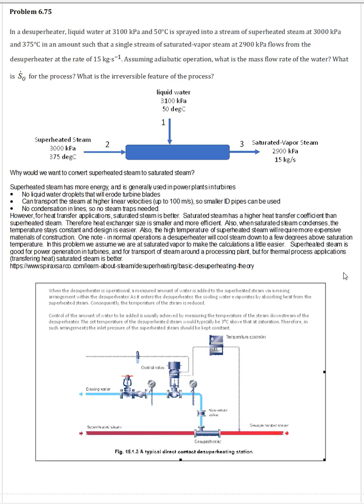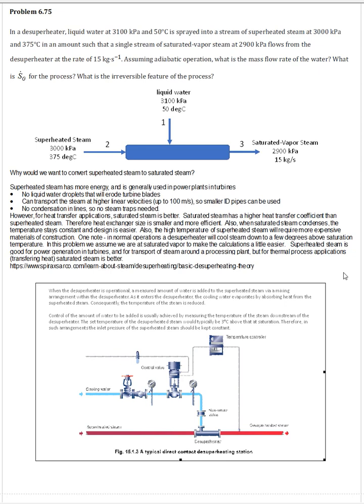As well, when you have superheated steam, you don't have to worry about steam condensing and basically having a layer of water on the bottom of pipes, and so you don't need to have steam traps and things like that. So that's why you would want to have superheated steam.